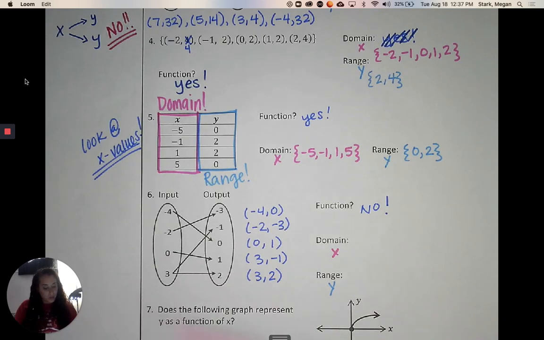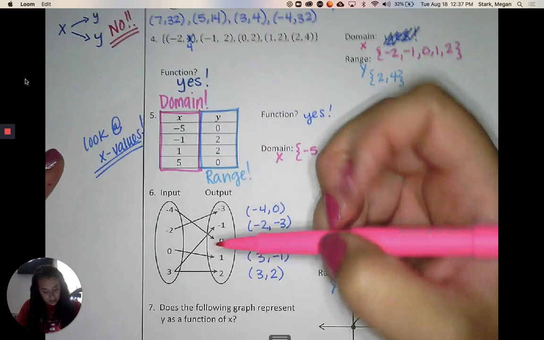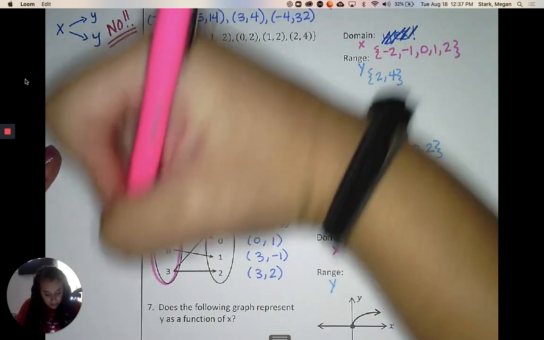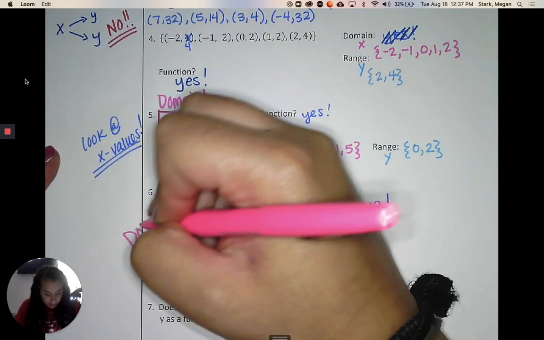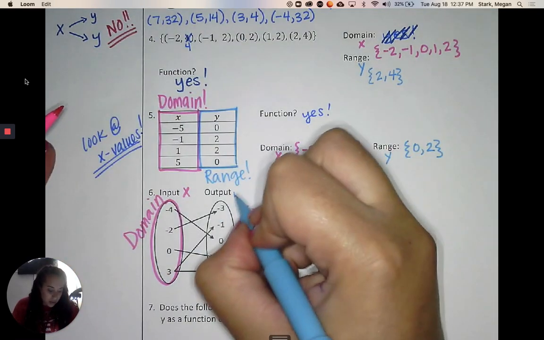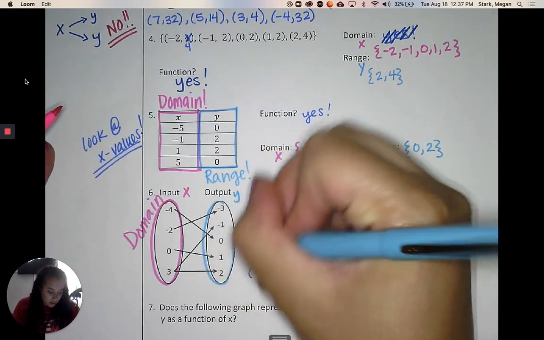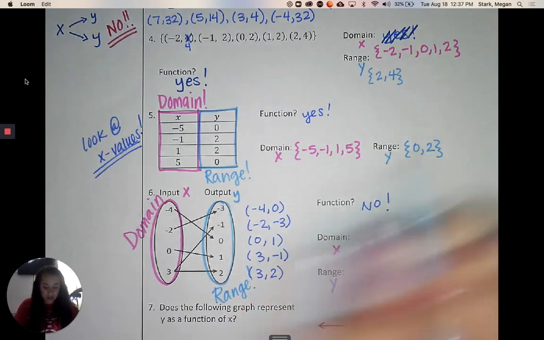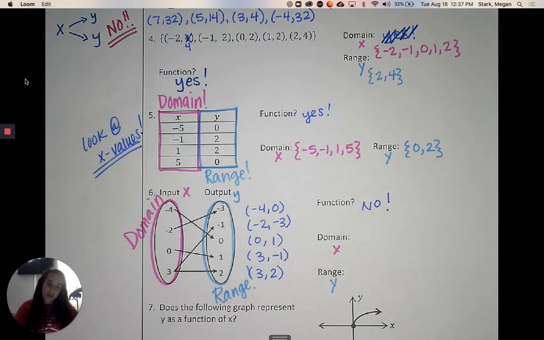Okay. Once again, number 6, input, those are our x values, so we know that that's the domain. Output is our y values, so that's our range. So we have the domain, we have the range.